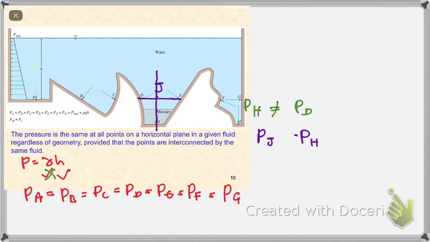No, because H is in mercury and J is in water, so the density is not the same. And of course the second part, the H, is not the same as well.